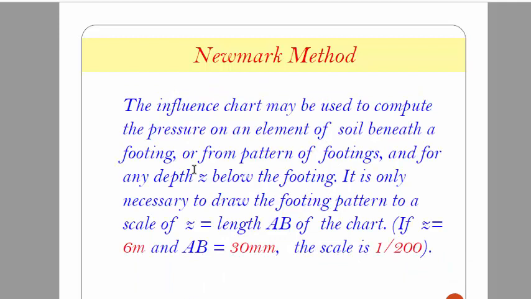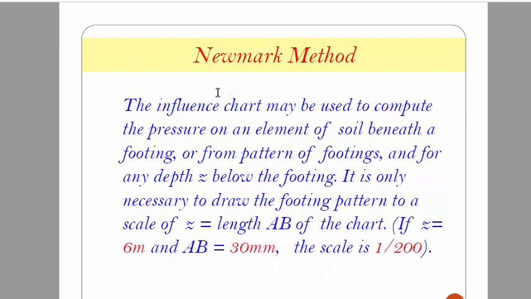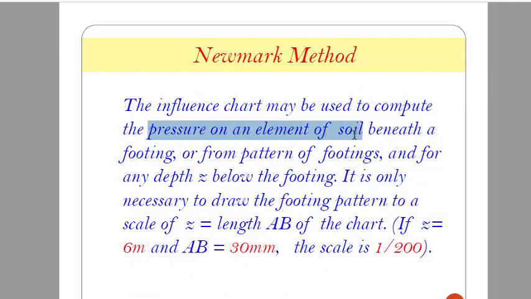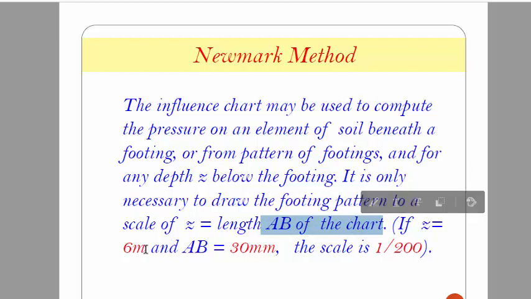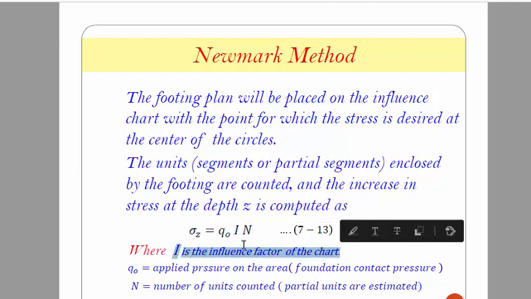So according to 0.005, this influence chart may be used to compute the pressure on an element of soil beneath a footing of any pattern and at any depth Z. It is only necessary to draw the footing so that the length AB on the chart corresponds to the depth on the scale. So in simple terms, we calculate the stress as Q0 times I times N. I is the influence factor on the chart, that is 0.005, 1 by 200.